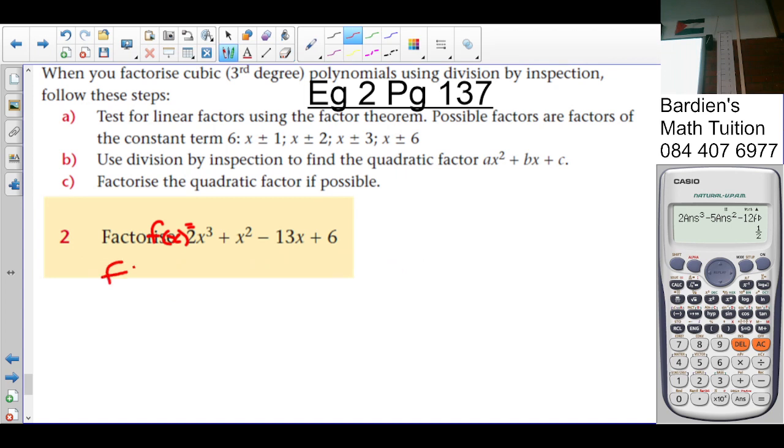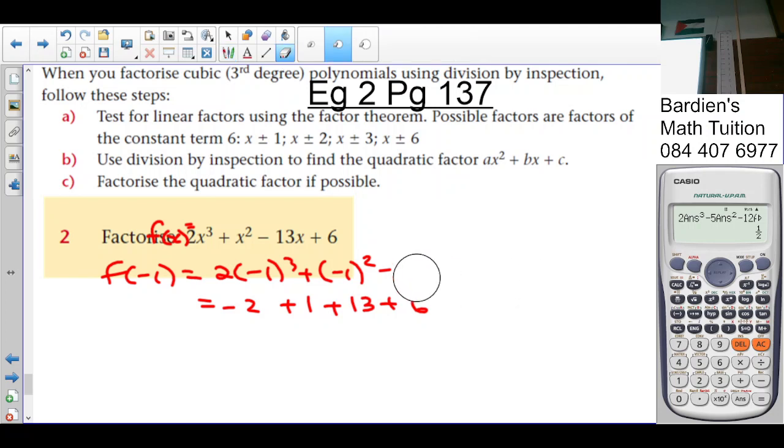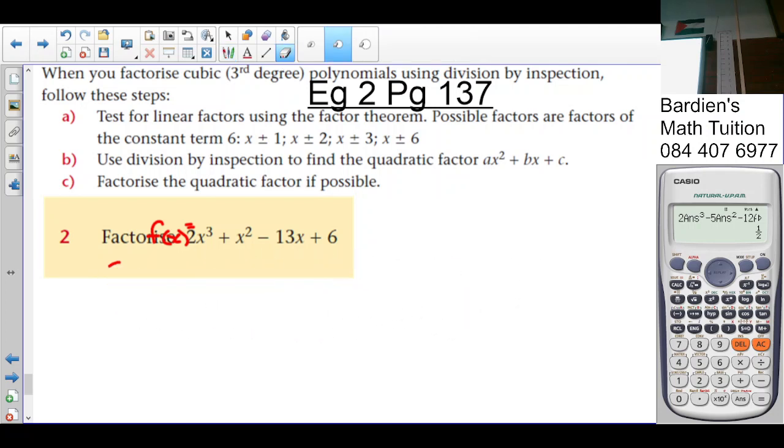You say f of minus 1 is equal to 2 times negative 1 cubed plus negative 1 squared minus 13 times negative 1 plus 6. It's going to give you negative 2 plus 1 plus 13 plus 6. Not 0. But you don't have to write this one out. Do it on the calculator.